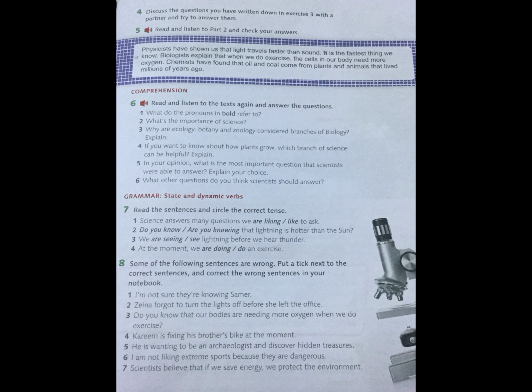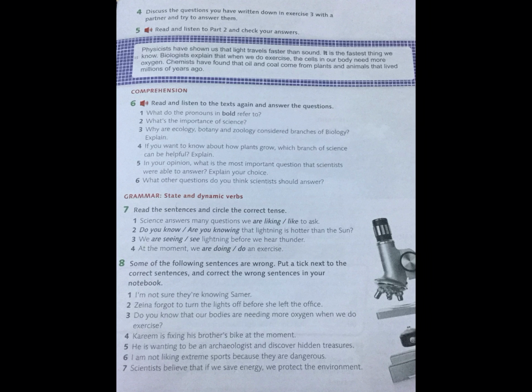Okay, so exercise 7 says, read the sentences and circle the correct tense. 1. Science answers many questions we are liking or like to ask. The correct answer is like. 2. Do you know or are you knowing that lightning is hotter than the sun?